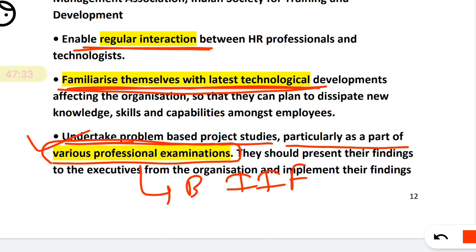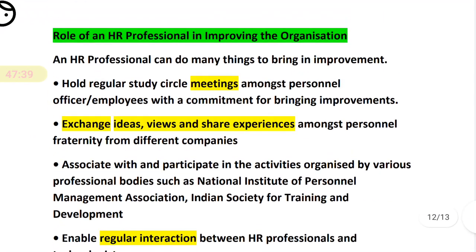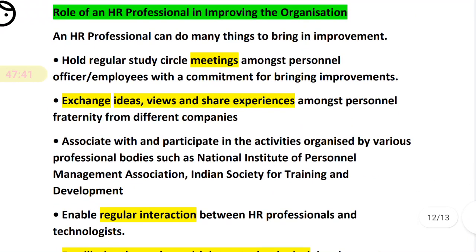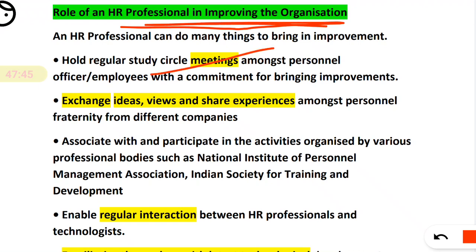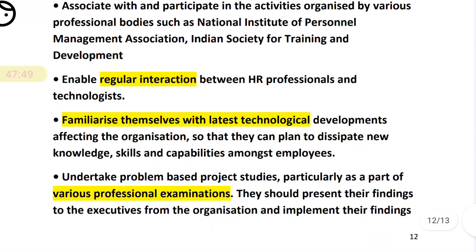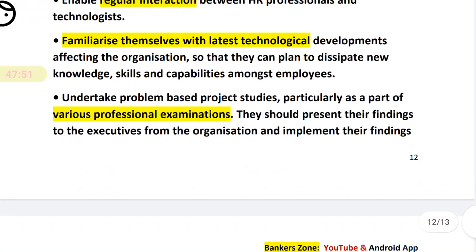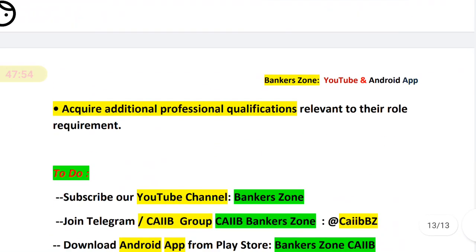So HR can motivate their employees for the professional examinations also. So these are the next roles of the HR professional for improving the organization: conduct meetings, exchange ideas, regular interaction, tie up with organizations, conducting the various professional examinations, etc.